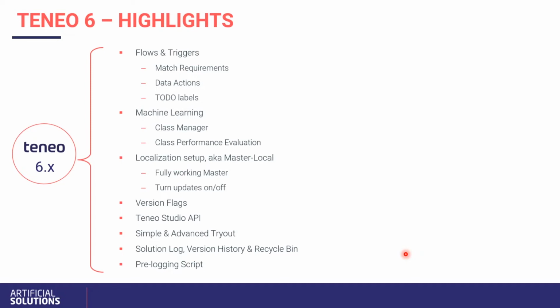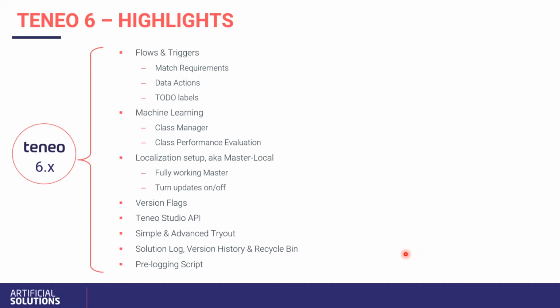We have now released an API for Teneo Studio, and that's a new API that's being rolled out for this platform. So we'll see a little bit about what that is and what you can do with that new API. There's a new and reworked tryout, and we'll see what that means and what you can do now with tryout.